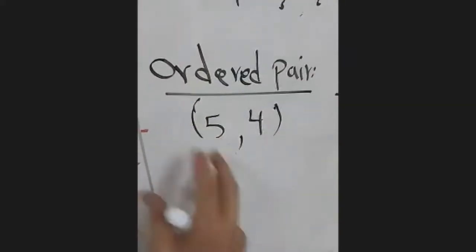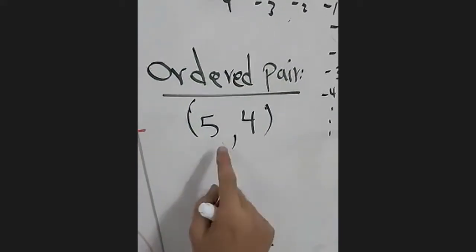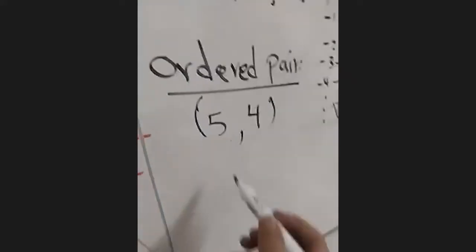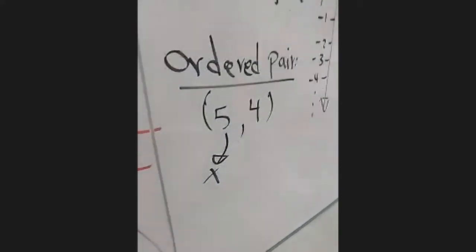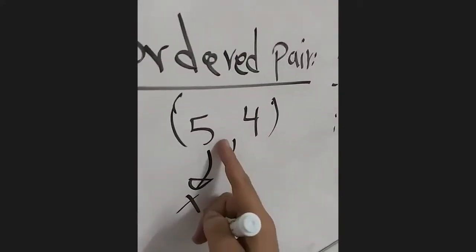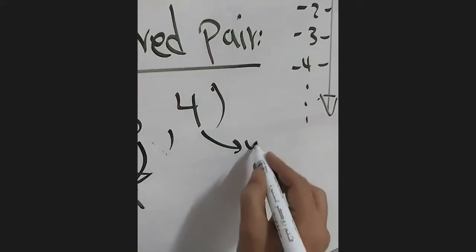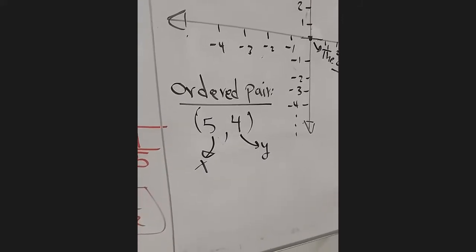Focus with me to understand the ordered pair. The ordered pair contains two numbers with brackets and a comma between them. The first number is always for x. The second number is always for y.